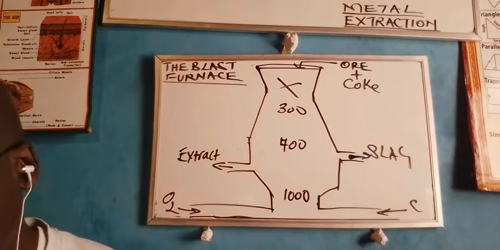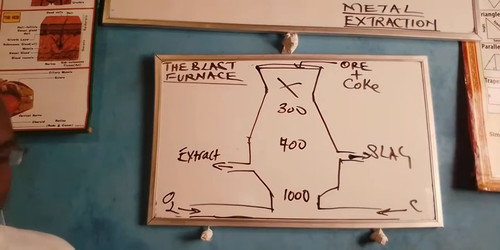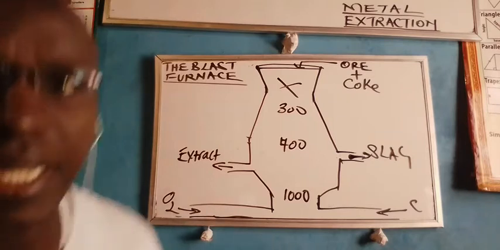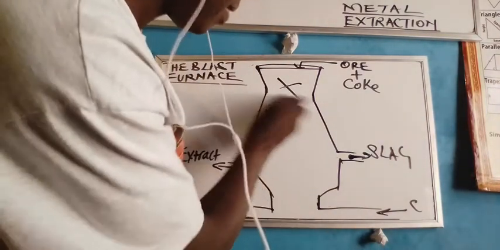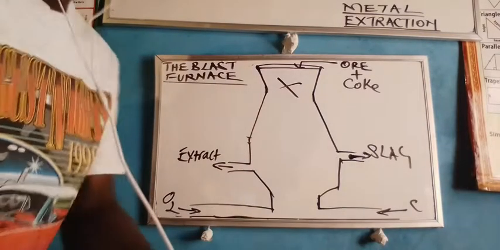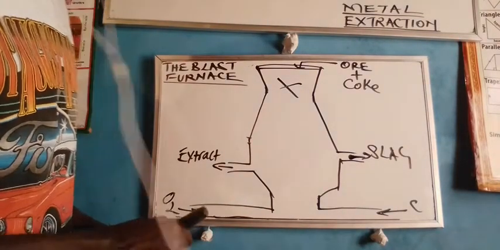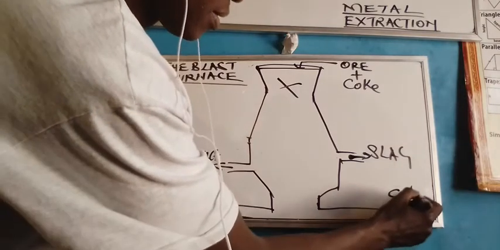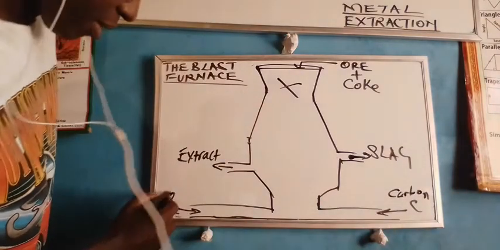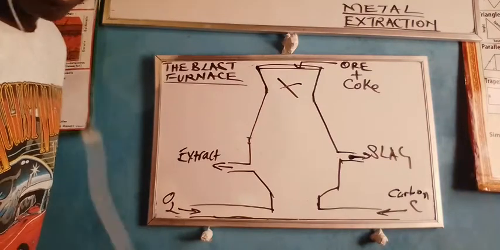To begin with, we are going to see what happens when a metal is to be extracted. So looking at the diagram, as you can see, we begin by putting in carbon, and carbon meets oxygen from air.